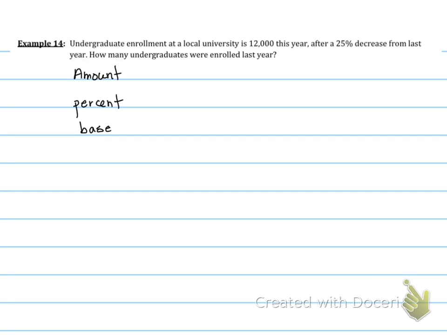What is that 12,000? Current year. Yes, that is the enrollment after the decrease, right? After starts with A, and so does amount. So, enrollment after the change.